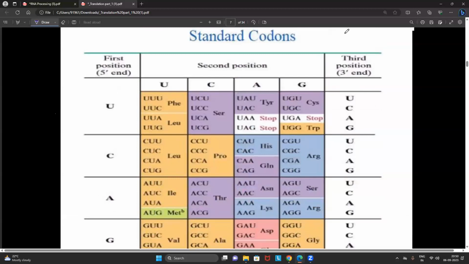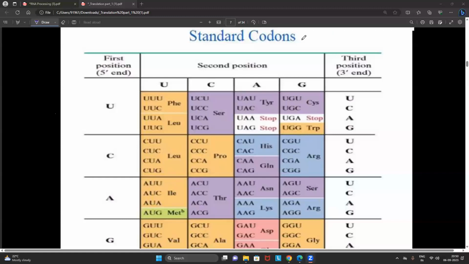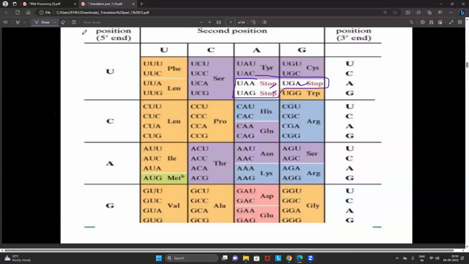So now friends, you all very commonly know that out of 64 codons, 3 codons cannot code for any information, which means cannot code for any amino acid. So that's why we call them stop codons. UAA, UAG, UGA. We generally call them the stop codons. Don't get confused with that particular point.